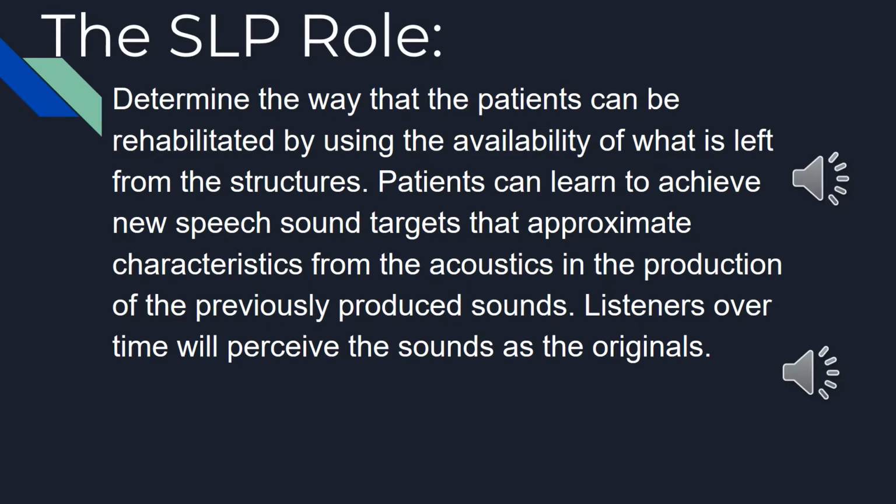The role of a speech-language pathologist is to find new ways the patient can use what is left of their tongue to produce sounds that are the same or similar to what they were producing before. Approximations are sounds that sound similar to the sound the patient is targeting, but not quite exactly what it should be. Listeners over time will perceive these sounds as the originals.